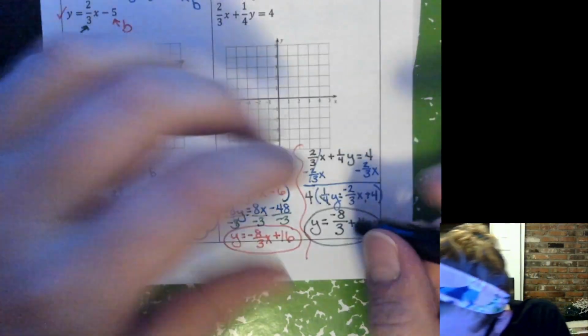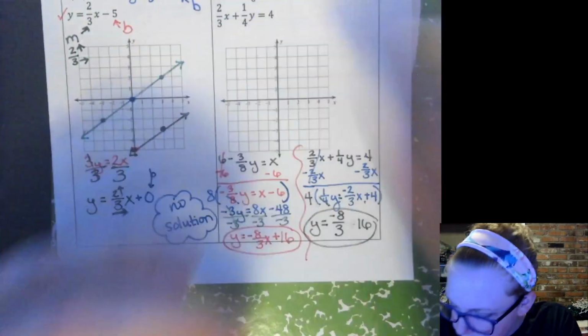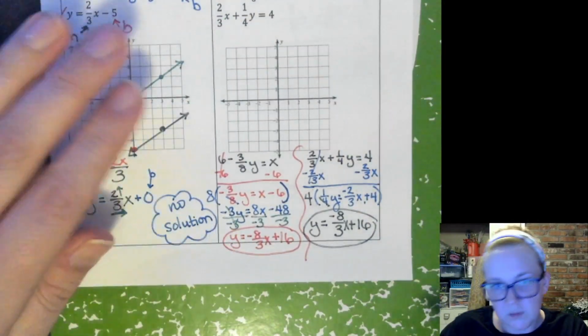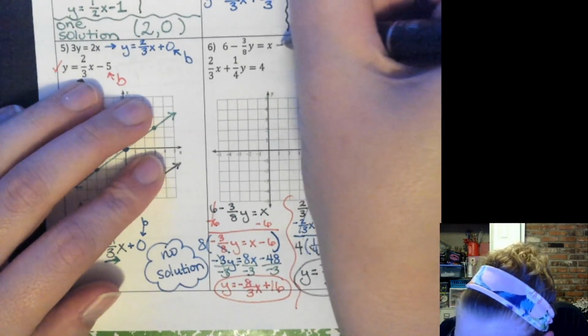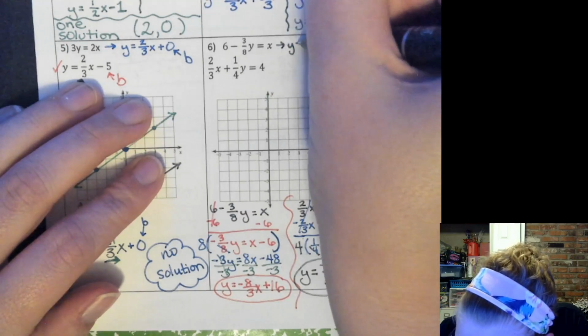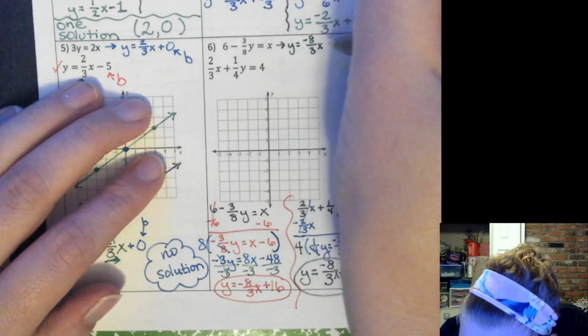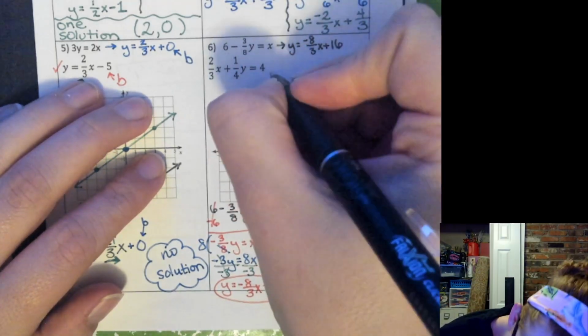Wait, no, I forgot my x. X plus. Alright, I'm going to take both of those and write them up here. So y equals negative 8 x plus 16.